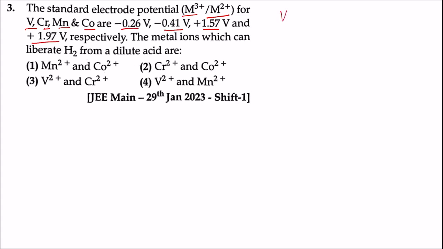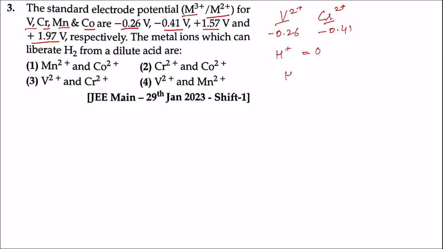Now, vanadium ion and chromium ion, their reduction potential values are negative, that is minus 0.26, minus 0.41. H plus ion has reduction potential value 0. So vanadium ion and chromium ion have reduction potential values less than H plus ion.